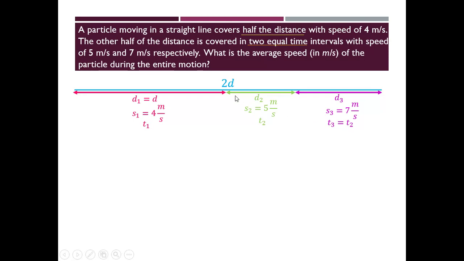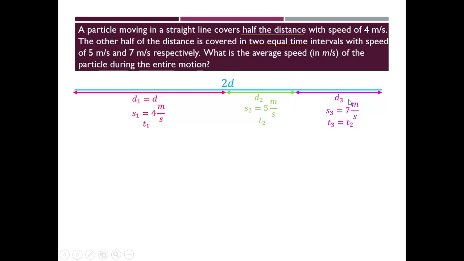So if you pay attention thus far, the first half of the distance is just called D. The second leg I just call D2. As you can see here in green, the length of D2 is shorter than the length of D3 because you're moving for the same time at a slower rate, so the distance should be shorter.